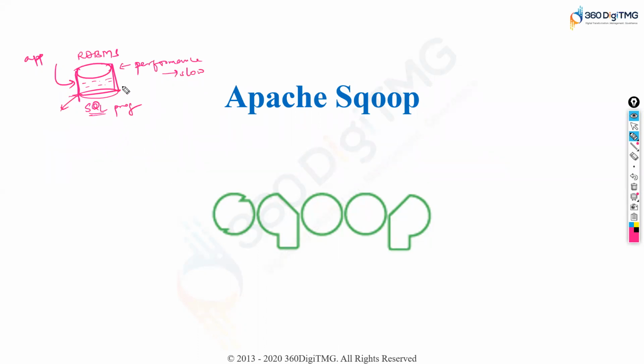So what we do to maintain the consistency in the data, to do a lot of analytics on this data, and at the same time not disturb the RDBMS performance, is create a channel, or we can say a pipeline, and we push or retrieve the data into Hadoop, the big data environment.